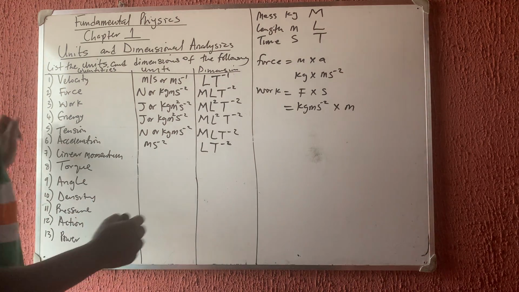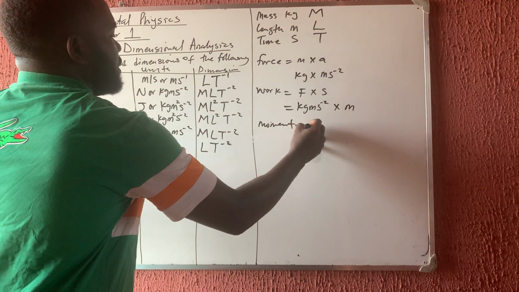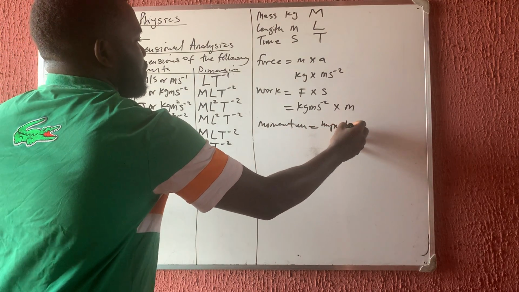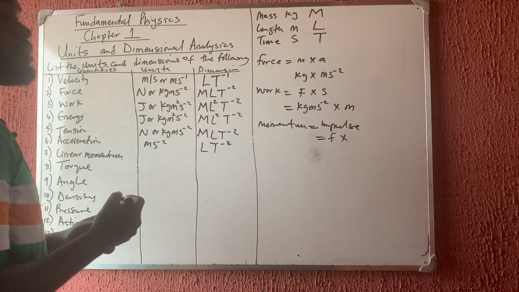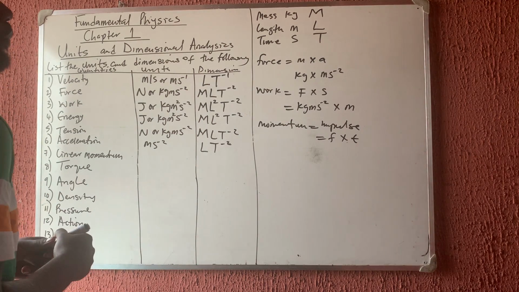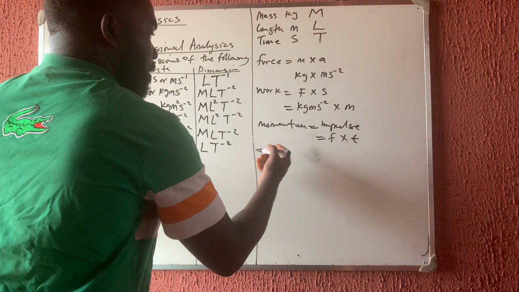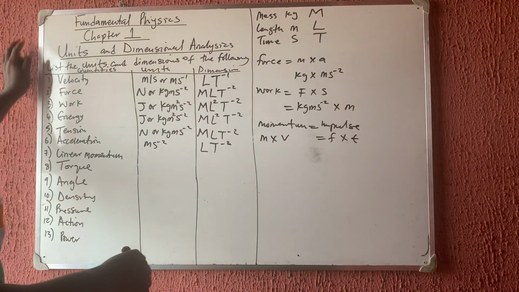So the next one is linear momentum. Now you should know that momentum is the same thing as impulse. And impulse is force times time. Yeah, that is impulse. Force times time is impulse. Momentum is equally mass times velocity. So let's check if both of them will give me the same thing.